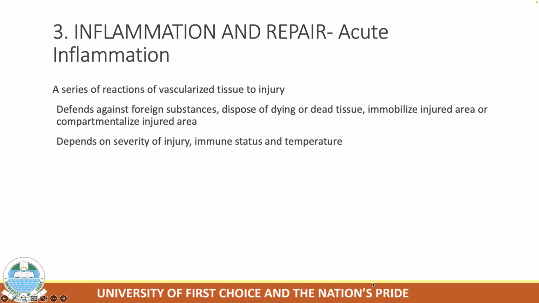You have a series of reactions of vascularized tissue to injury. It also helps in defending against foreign substances. So acute inflammation can happen when your body is trying to get rid of bacteria invading your body, right? When your body is trying to dispose of dying or dead tissue, when your body is trying to immobilize an injured area or compartmentalize an area that has been injured.